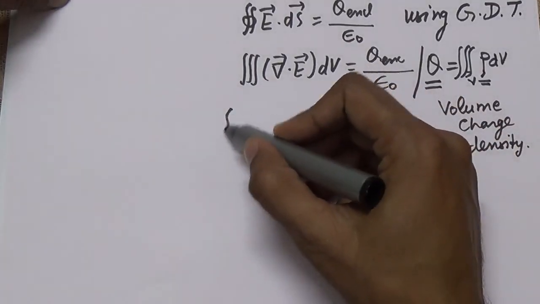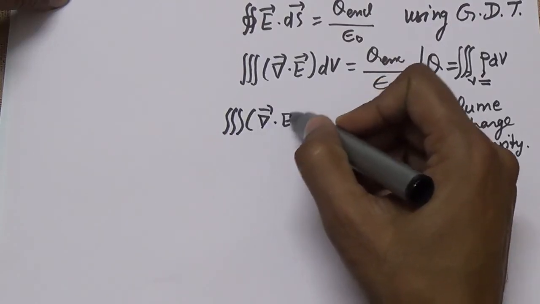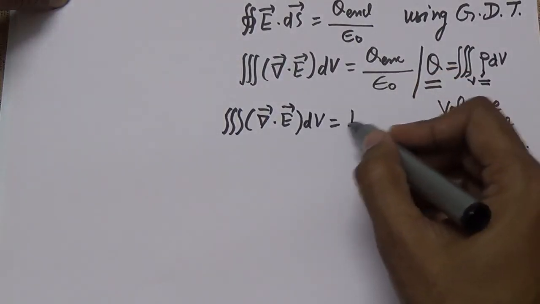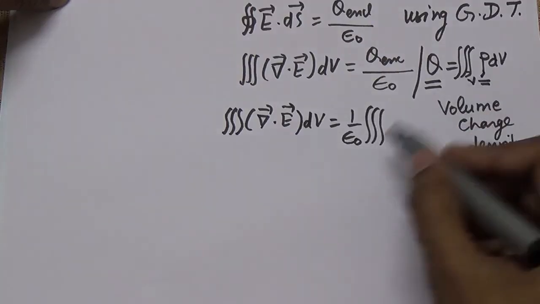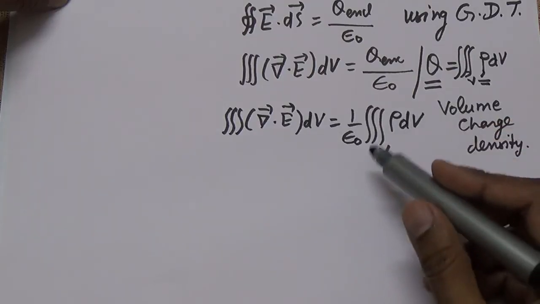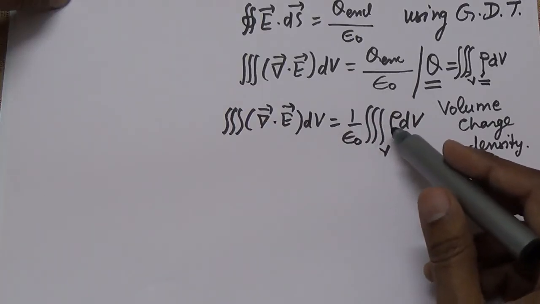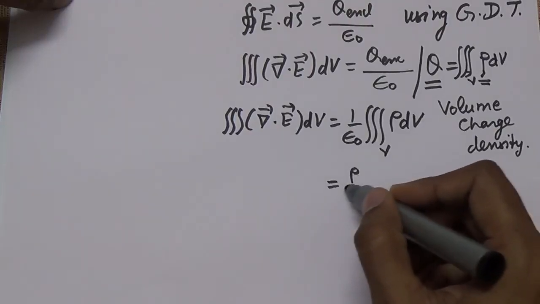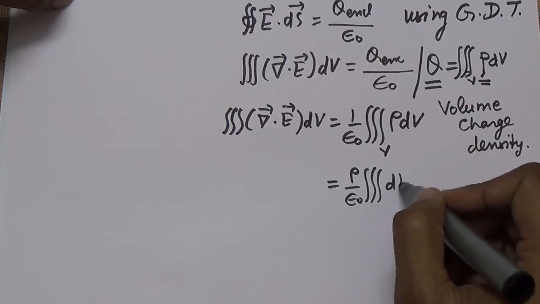So this is the volume integral of divergence of E dV is equal to 1 upon epsilon naught times this formula of Q, rho dV. Rho is the volume charge density that is constant in that sphere, so it comes out of the integration and becomes rho upon epsilon naught times the volume integral dV.